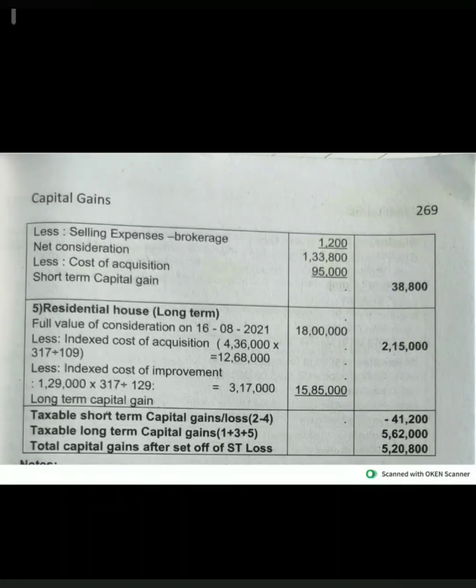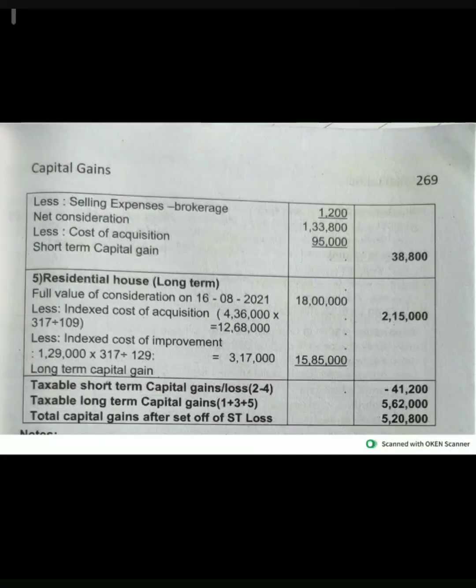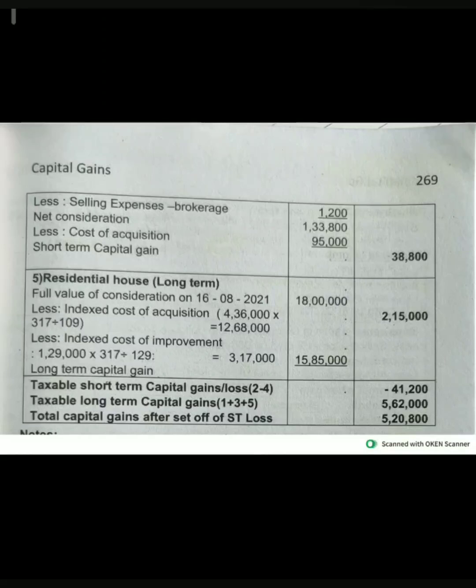Out of that, the second and fourth assets are short-term, so first we have to simplify the short-term capital gain or loss. Here the short-term capital loss is 41,200, and the long-term capital gains from the first, third and fifth assets total 5,62,000. We have to set off this loss, so we deduct it. The total taxable gain after set off of the short-term capital loss is 5,20,800.